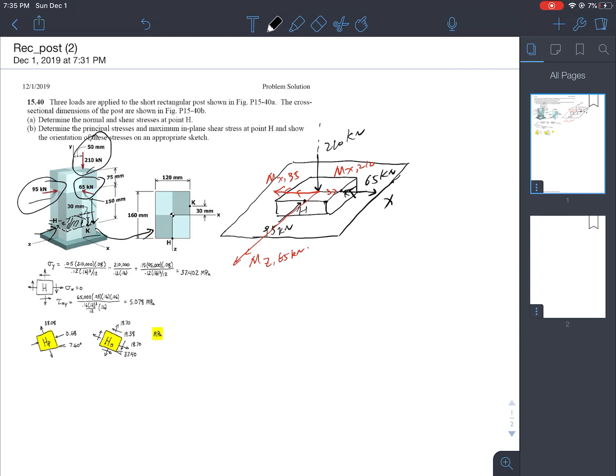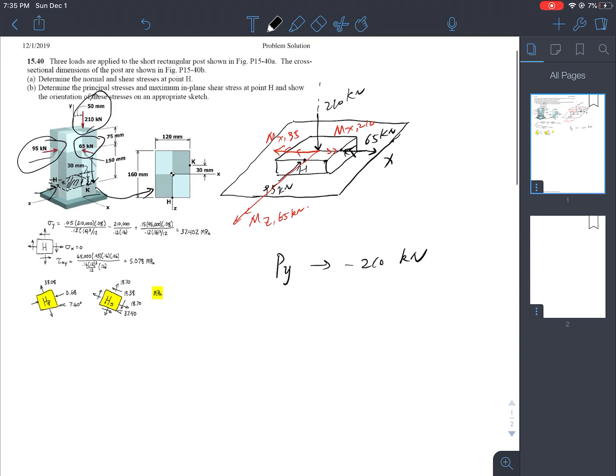So I look at the cross section and make a list. Axial force wise, I have Py. Of course Px is 0, so I don't have any axial force in terms of x. So Py on the cross section equals negative 210 kilonewton.